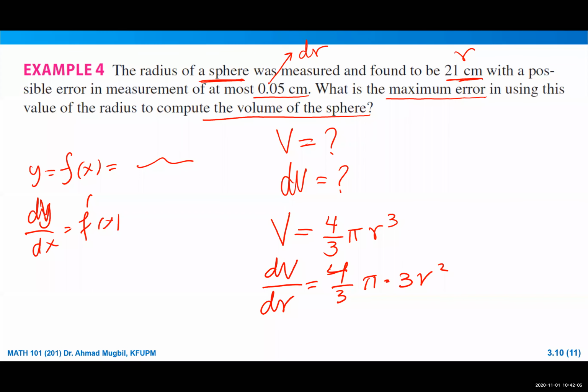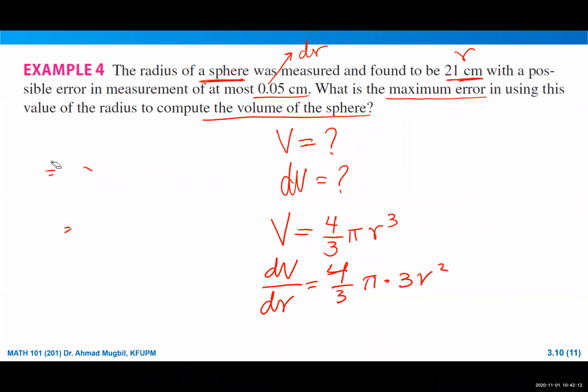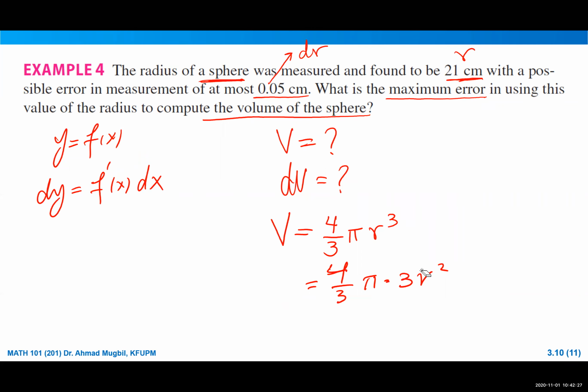In our case it is V and this is r. We are using differentials here, Shabab. Do you remember that if you have y equals f of x, then dy equals f prime of x dx? So here we will do the same.